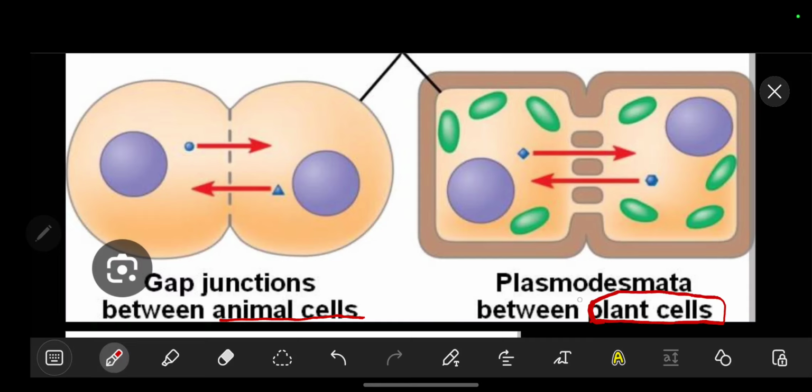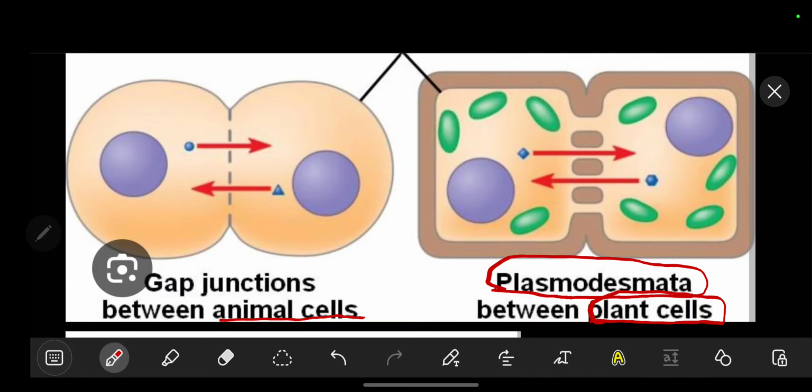You might just recognize by the word plasmodesmata, it's beginning with P, so link it with being found in plants. Then the gap junction is found in animals. Their functions are very similar.